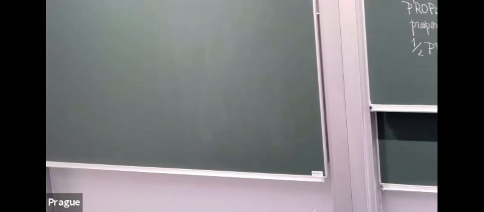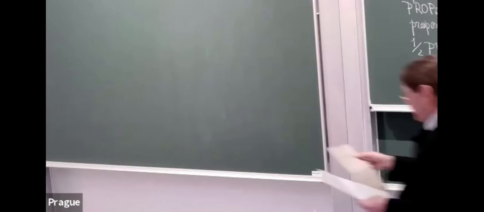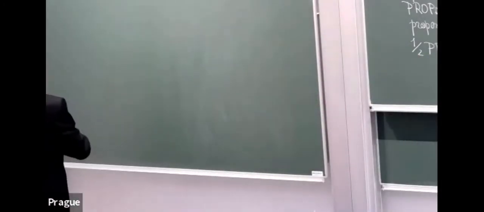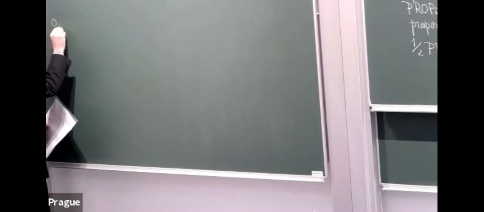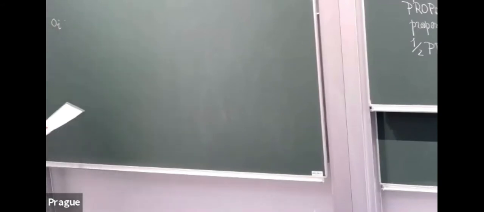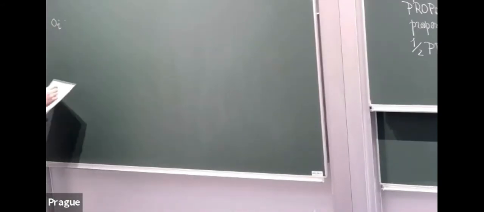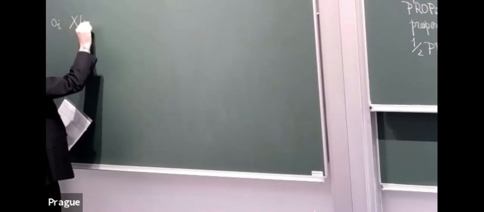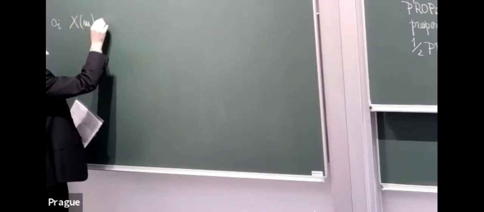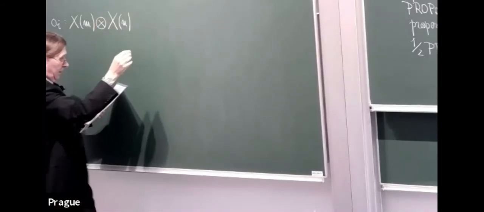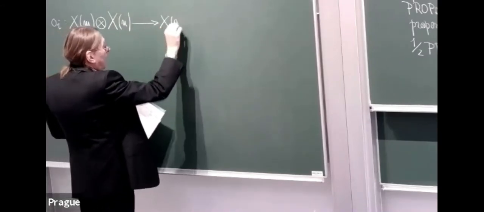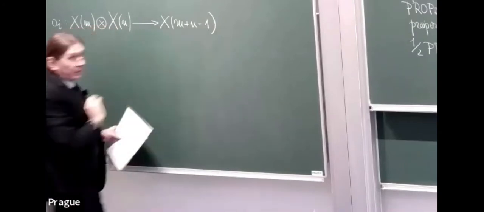So what I was saying. What is the biased definition of ordinary operads? What are the generating operations? The generating operations are the circle i operations, now called partial compositions, which go from X_m tensor X_n, where I mean the monoidal structure in the underlying category, to X_{m+n-1}.